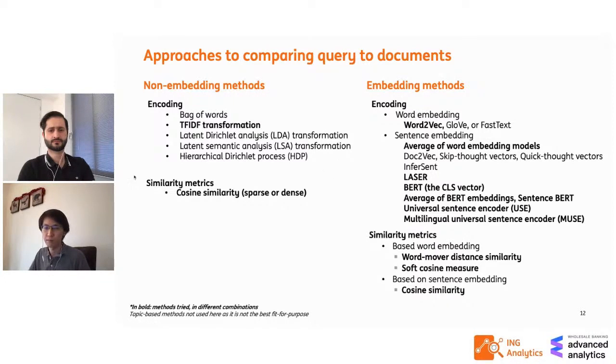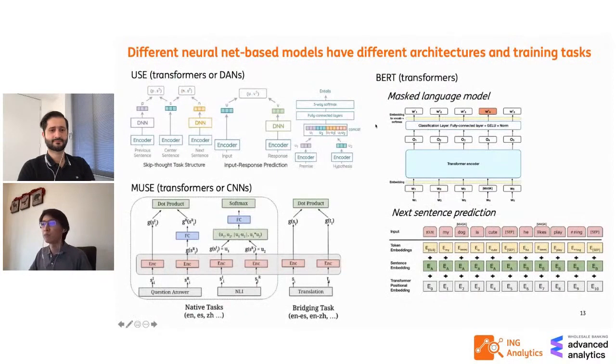Just to go one step deeper into the neural networks, this is another busy slide, but again, the message here is to highlight that these neural network-based models also have a very diverse set of underlying architectures and different methods or tasks that are required to train them. This ranges, for example, from asking the model to mask a certain word and predict the masked word, to asking whether this particular sentence is the right sentence following the previous sentence.